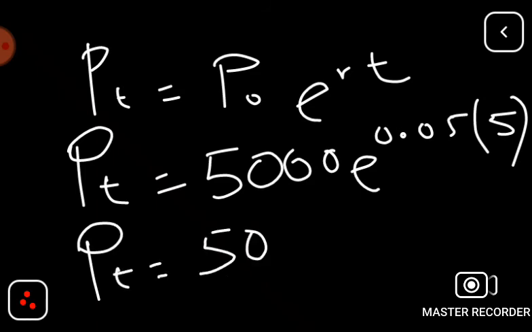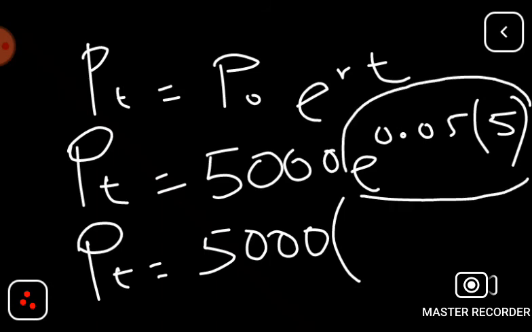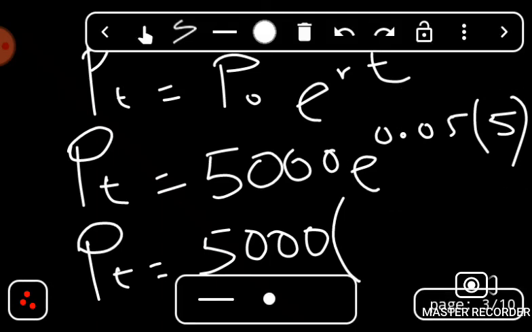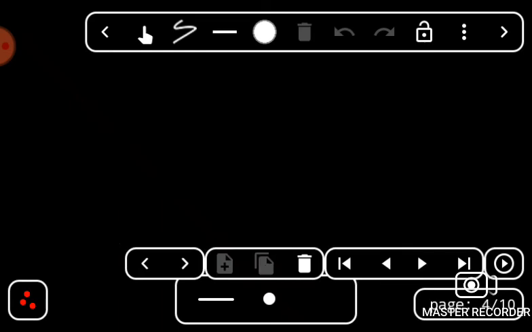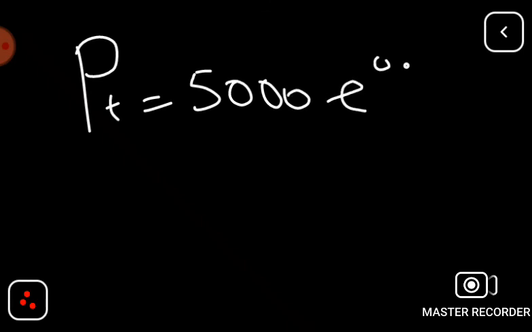So 5,000, keep it coming and punch this. Or if you want to, let's keep our e and let's just punch the 0.05 times 5. You have 0.25. The next, our future value is 5,000 e to the power 0.25.